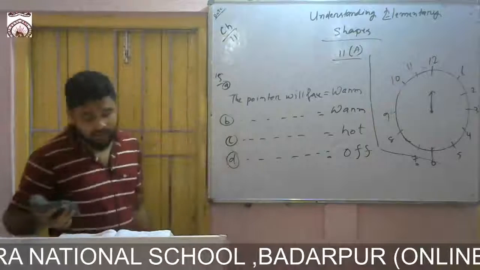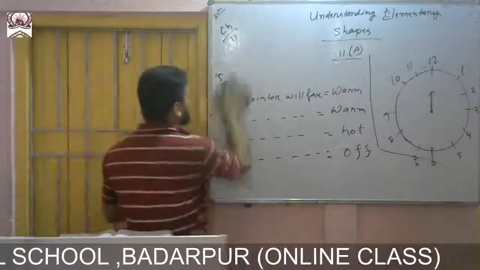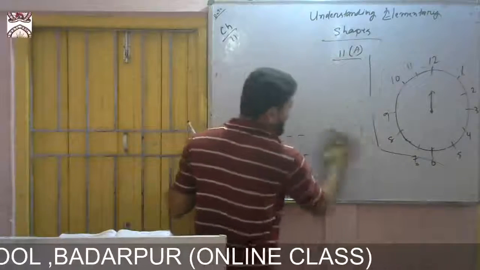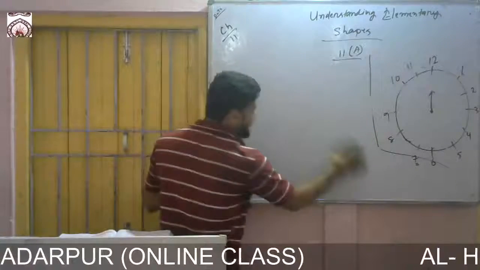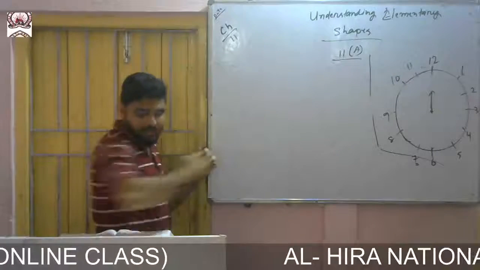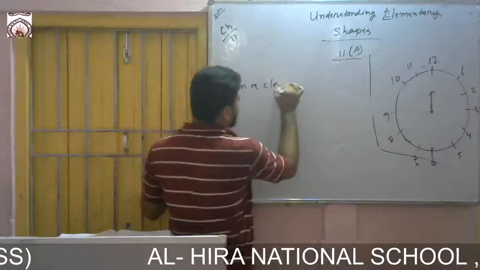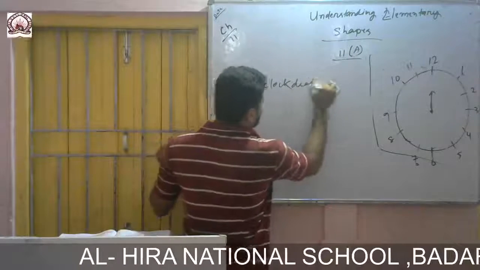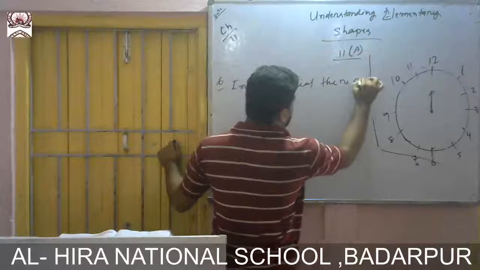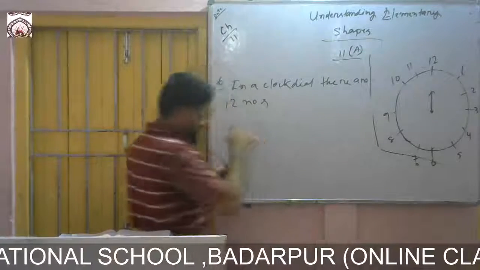For this you need to write: in a clock dial there are 12 numbers.